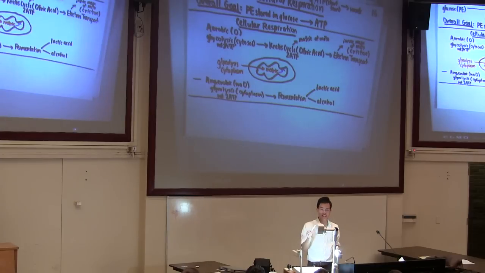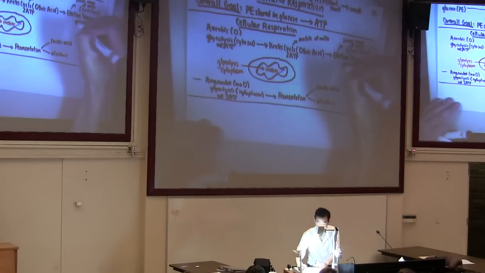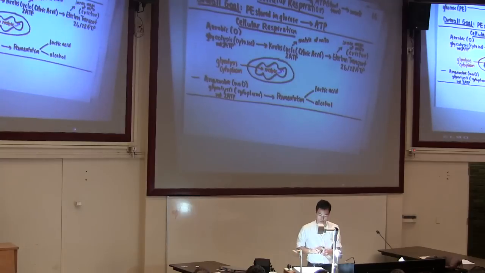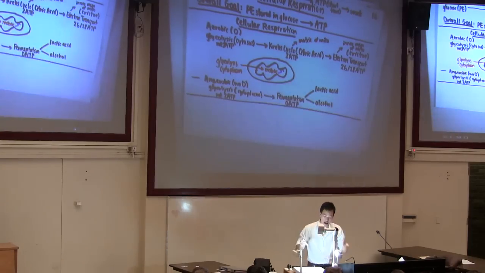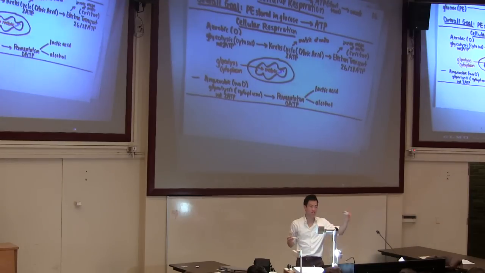How many molecules of ATP are made in electron transport? 26 or 28 ATP. How many molecules of ATP are made in fermentation? 0, right? So if you do anaerobic respiration, you only make a total of 2 molecules of ATP. If you do aerobic respiration, you make way more, right?